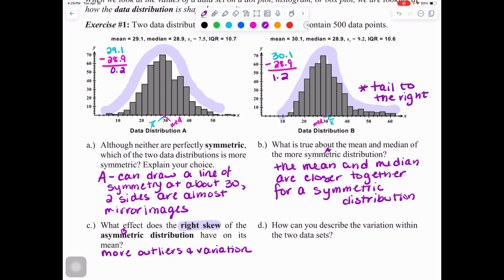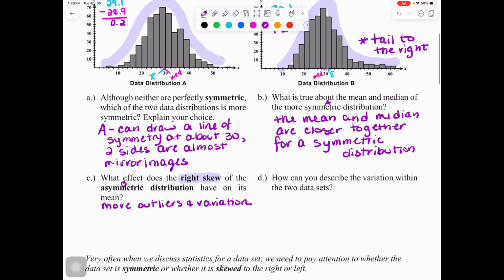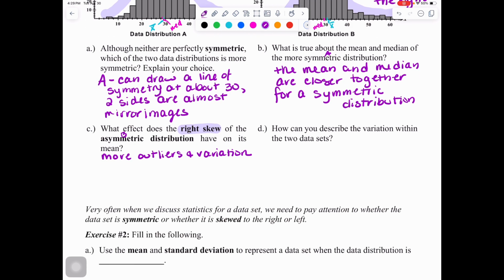They were closer together in data distribution A. When I look in B, the mean definitely ended up increasing because of those values that were tailed off to the right. So we'll write more outliers and variation. The outliers to the right pull the mean to be higher.